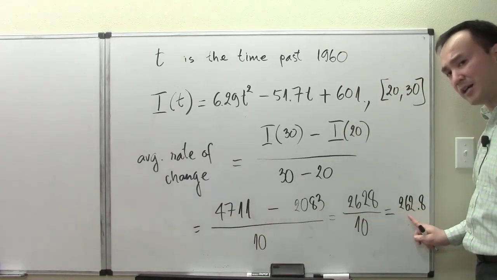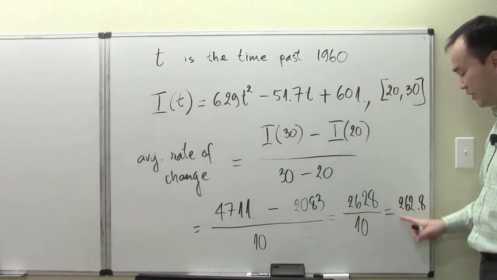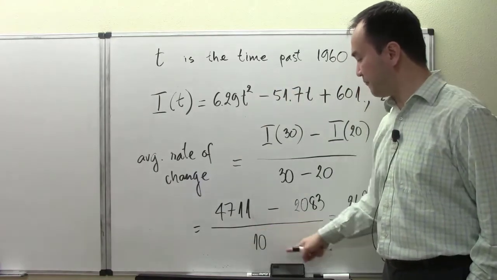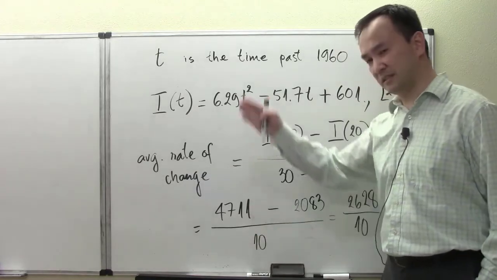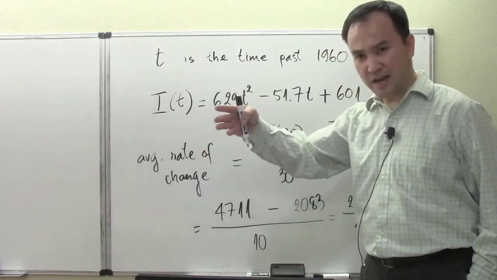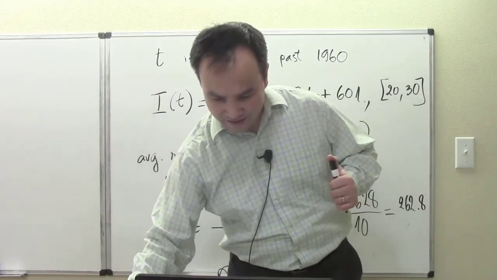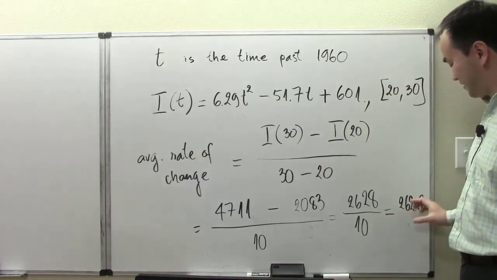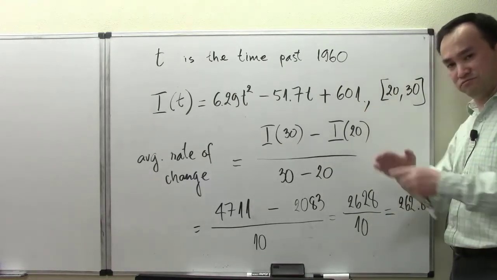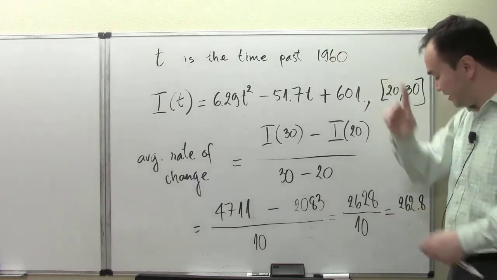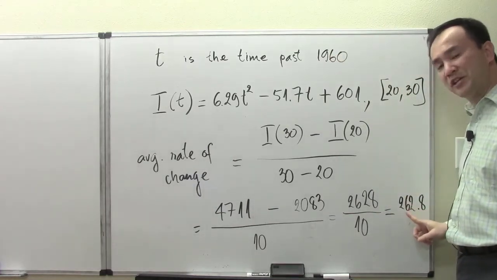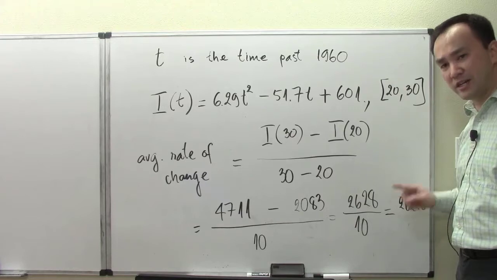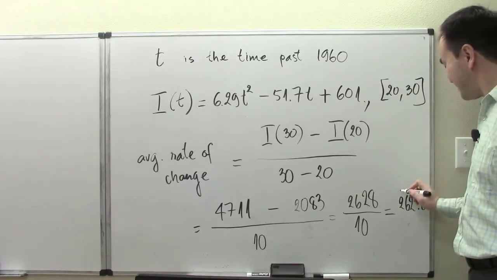By the way, it's a positive final value. So on average, in this 10-year time frame from 1980 to 1990, we are looking at an increase of total personal income by 262.8 billion. That's the value right there.